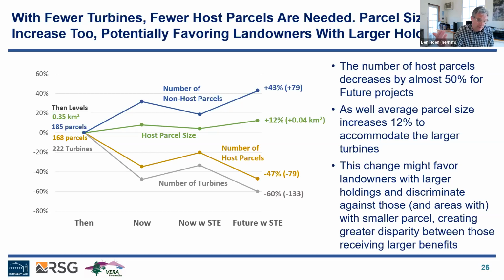And as well, the neighbors nearby any possible locations or eventual locations of turbines might be getting something, but a much smaller payment. So I think what's important to note is as we move from the then into the future, we are going to be in a scenario where we have fewer and fewer of those individuals that are hosts. And therefore, there's a possibility for greater disparities between the remuneration of those nearby, whether they are possible hosts that just didn't get turbines or neighbors.